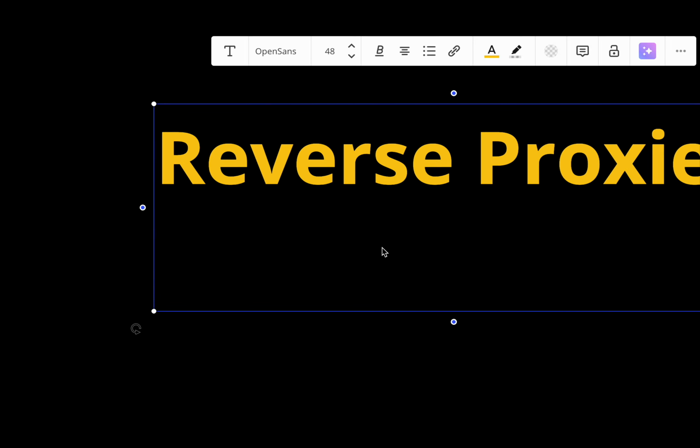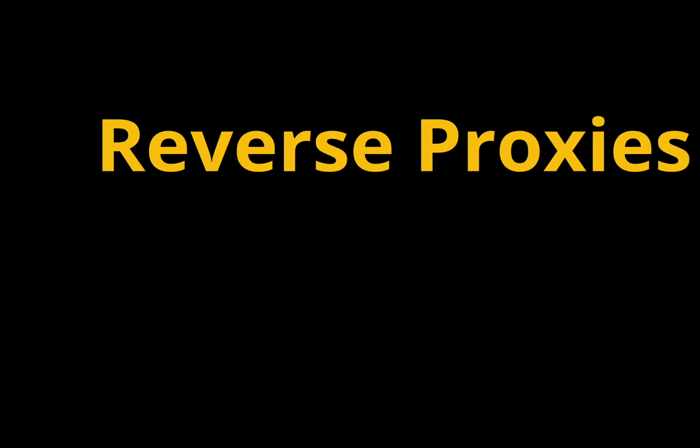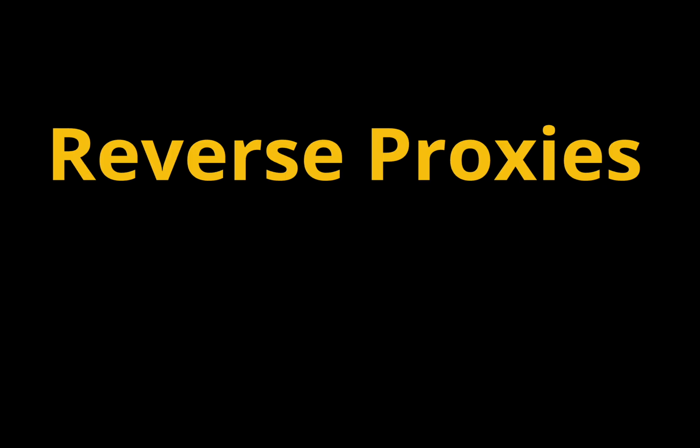The next thing we will talk about is the reverse proxy. A reverse proxy is the opposite. It sits in front of a web server, forwarding requests from clients to the server. Its use cases: it's used for load balancing, which distributes incoming traffic across multiple servers.